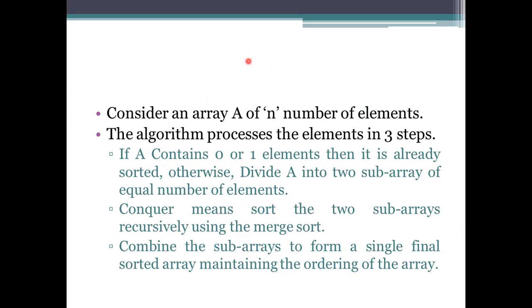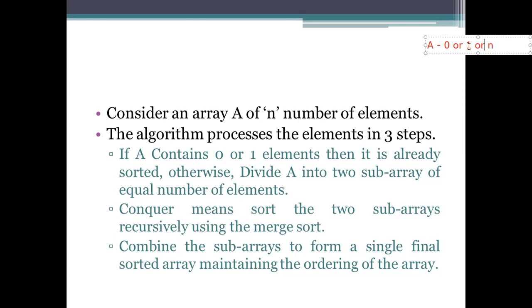Here the array is specified as capital A. Let A be an array which has 0 or n elements. 0 elements means there is no need to sort, because it doesn't consist of any data.